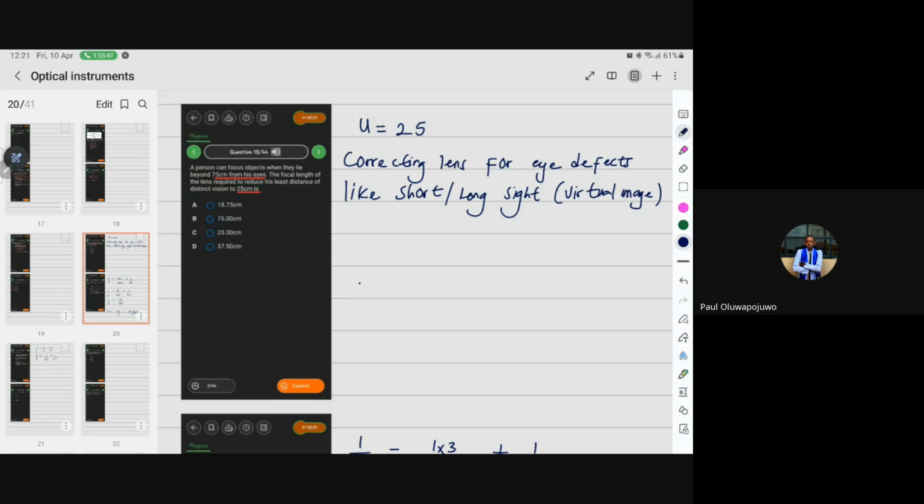Now, from our sign conventions, virtual images are negative, right? So we'll have that V is equal to -75. So we'll have that 1 over F equal to 1 over V plus 1 over U.